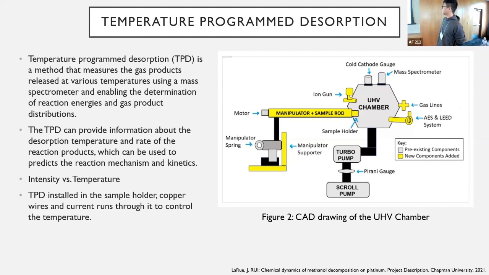Here, figure 2 is the CAD drawing of the UHV chamber. We have all the components that I said earlier: ion gun, mass spec, AES, LEED, and the TPD will be installed in the sample holder right here. The reaction will be done inside the UHV chamber, and the TPD will monitor the sample directly.